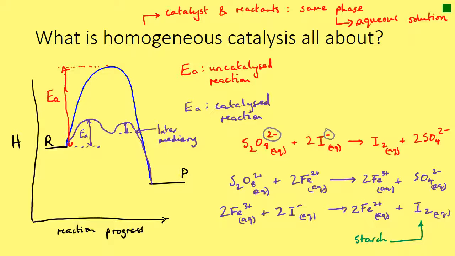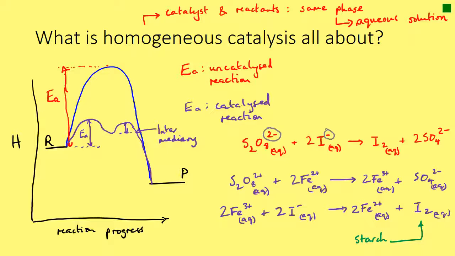And so what's interesting about this? Well, again, it's another example of the catalyst being a transition metal and having the useful function of being able to exist in variable oxidation states, in this case 2+ and 3+.